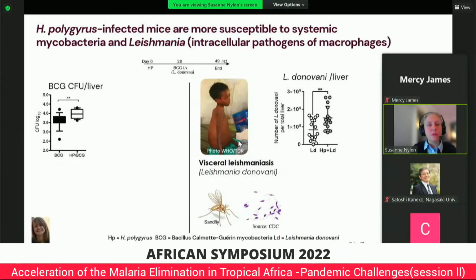Mice that were infected with this worm are more susceptible to both mycobacteria and leishmania, here shown looking at colony-forming units in the liver, or Leishmania donovani parasites in the liver. This was done after an IV injection.